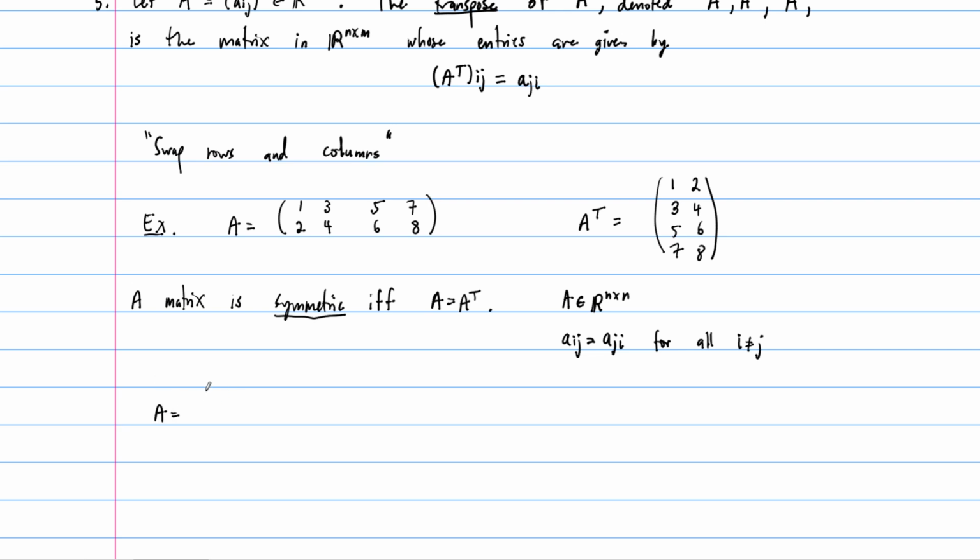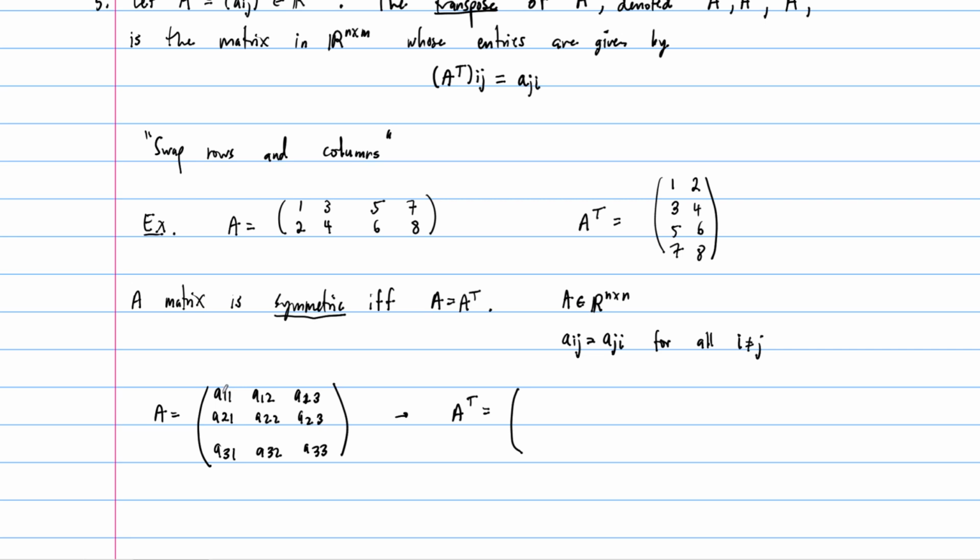Let's do this in 3 by 3. So we'll have A11, A12, A13, A21, A22, A23, A31, A32, A33. We take the transpose, and it's going to reverse the order of the way we numbered this.